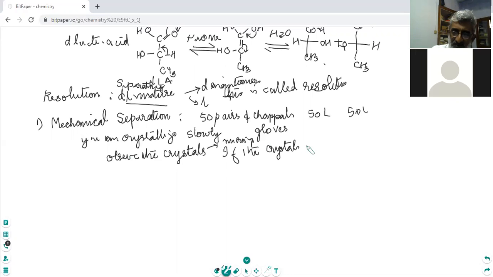If the crystals are distinguishable into right and left.